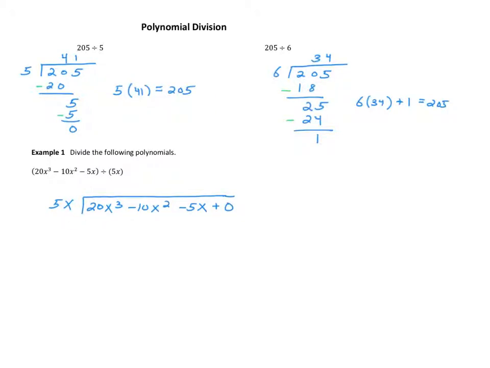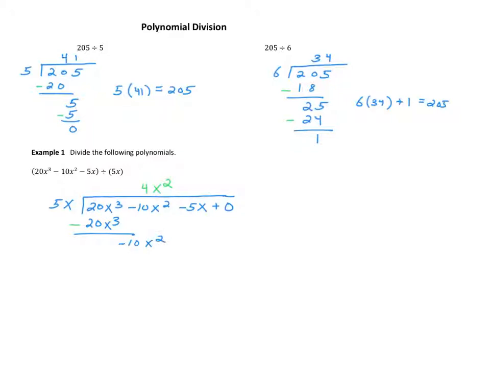So that's going to be the first piece, 4x squared. The reason is 4 times 5 gives me 20, and x squared times x gives me x cubed. I copy that down, and I have to subtract that. And it gives me 0, which I don't have to write, and I just bring down the next piece.